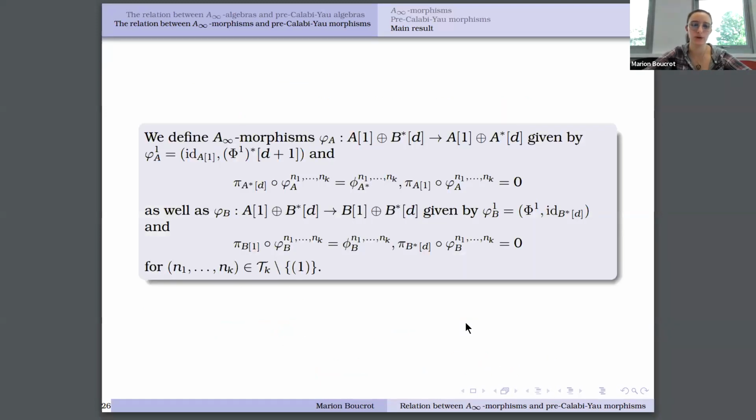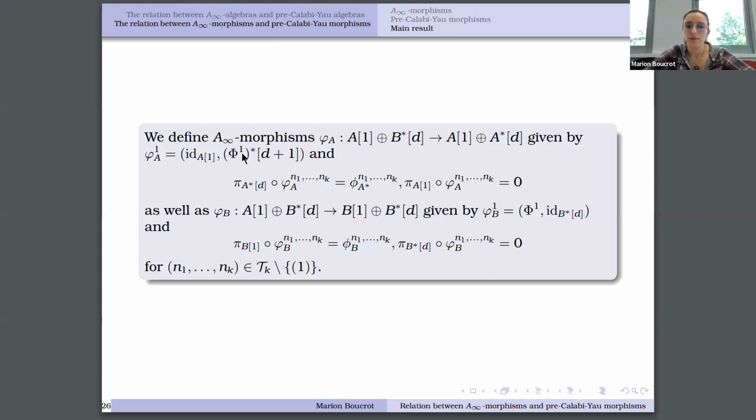So now, in order to construct the A infinity morphism, I will begin by explaining the construction of phi A, which is an A infinity morphism going from this infinity algebra to this one. Its first component, the component which really goes just from this direct sum to this one, will be the identity of A1, from A1 to itself, and the shifted dual of the first component of the pre-Calabi-Yau morphism.